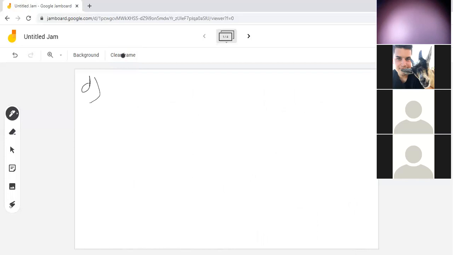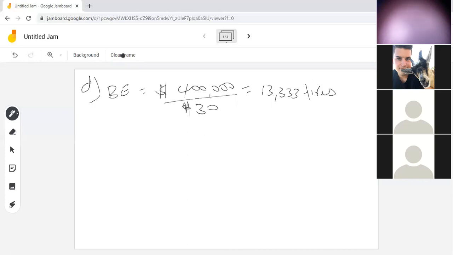And D is asking us for the break-even. Of course, we know it's fixed cost over contribution margin per unit. So let's just put 400,000 over 30, and that would be 30,000 tires.